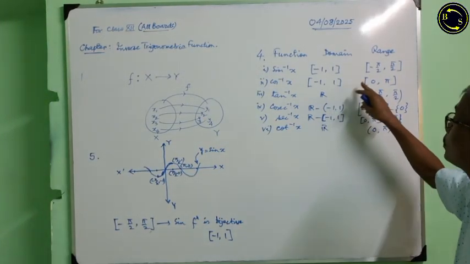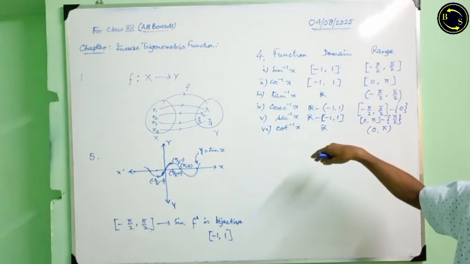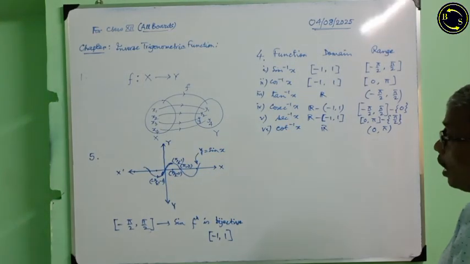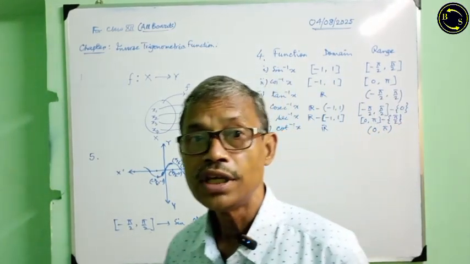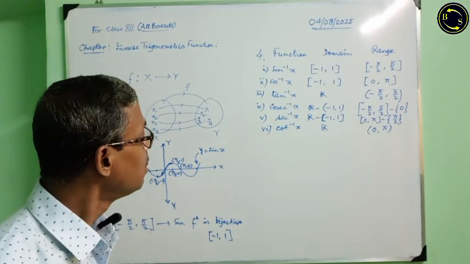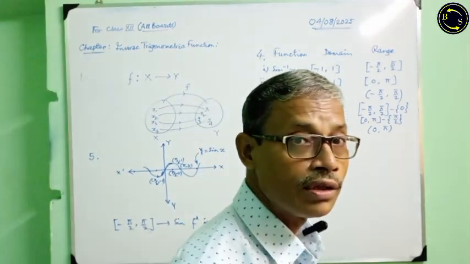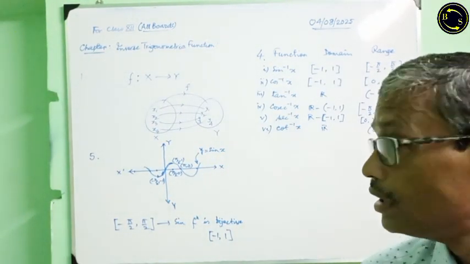Principal value branches are these. I have written down in this table. Now keeping this knowledge, we shall improve the matter.